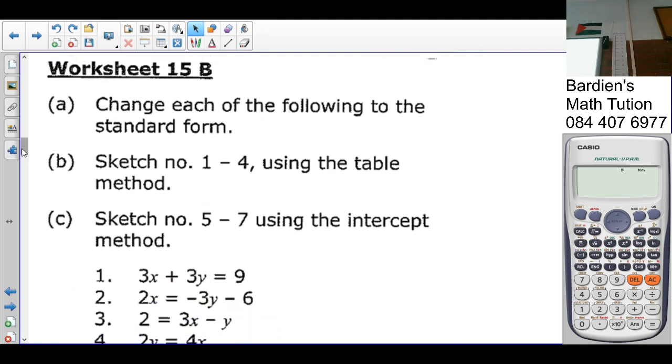Let's look at worksheet 15b. In worksheet 15b, the first question says, change each of the following to standard form.